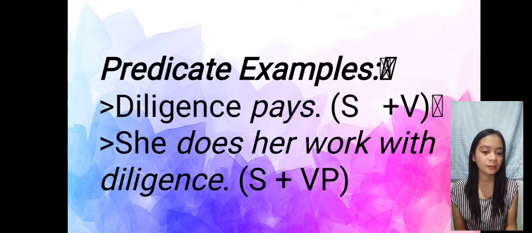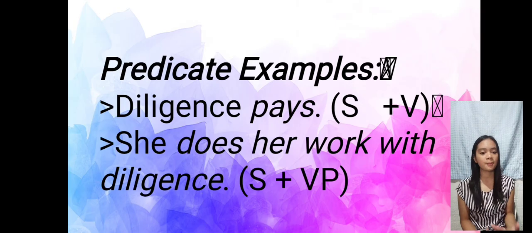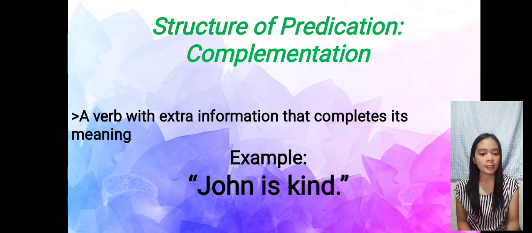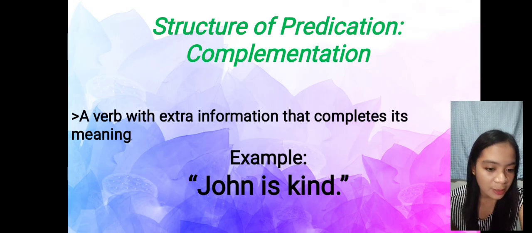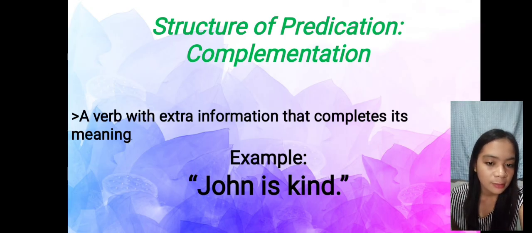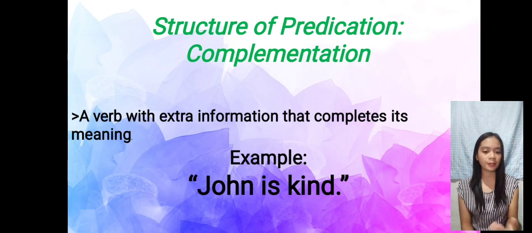And now that we understand the basic structure, let's move to the first type of predication. Structure of predication, complementation. It is a verb with extra information that completes its meaning. Like for example, John is kind.